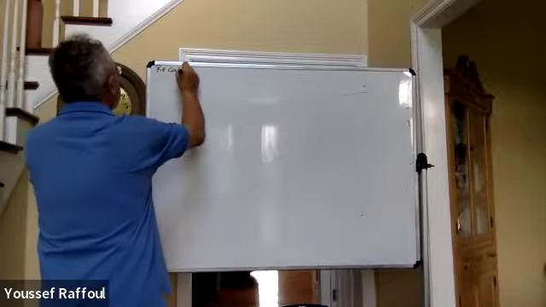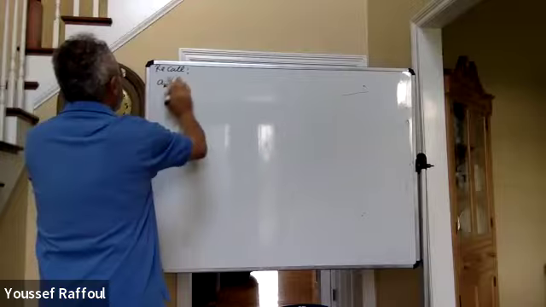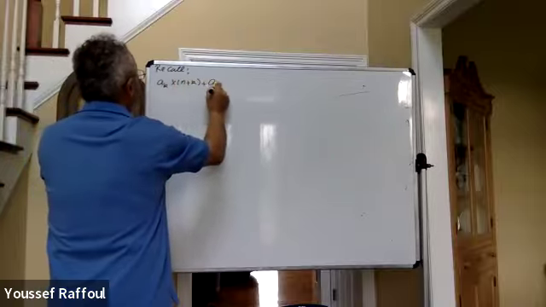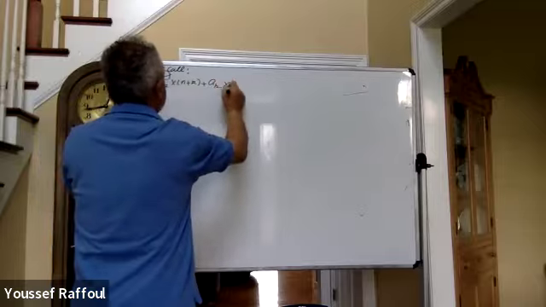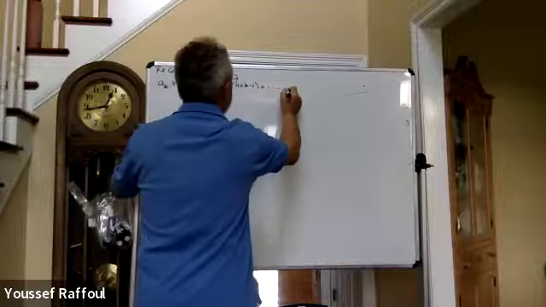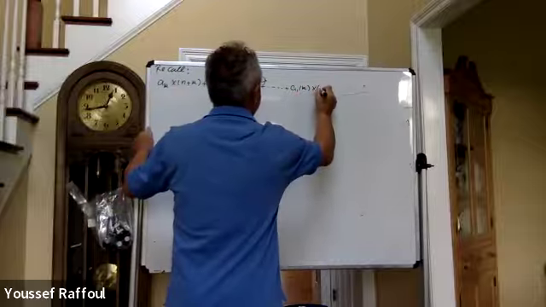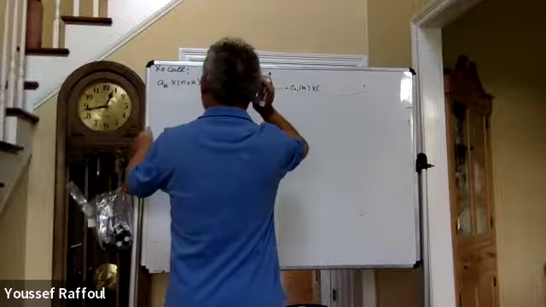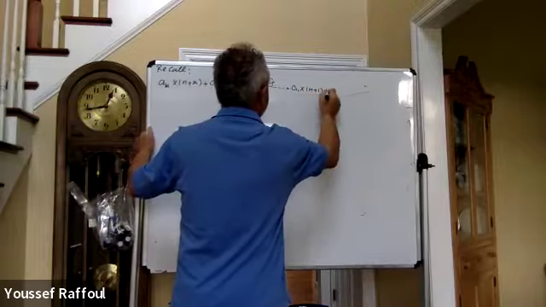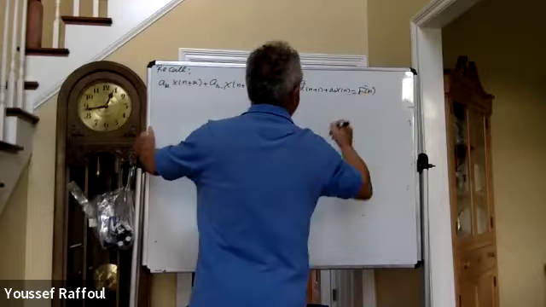Recall, we had a_k x of n plus k plus a_{k-1} x of n plus k minus 1 plus a1 x of n plus 1 plus a0 x of n equal to f of n.